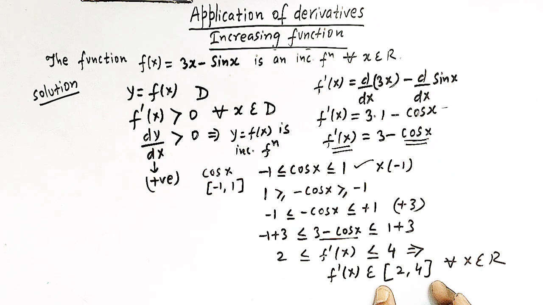So now from this interval, we can easily conclude that the derivative f prime of x belongs to this interval, and here 2 is a positive quantity and 4 is also a positive quantity, right?